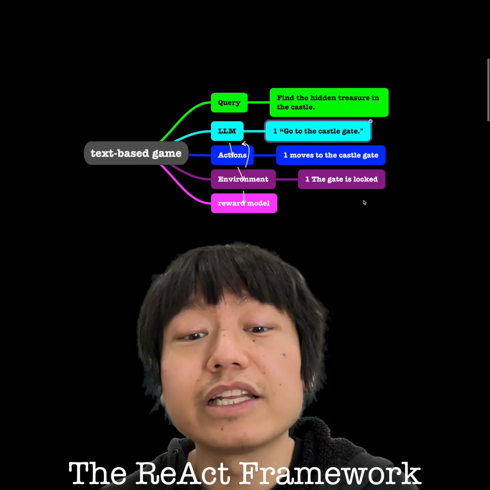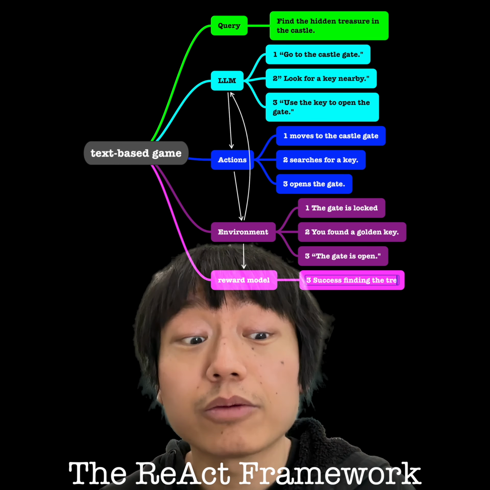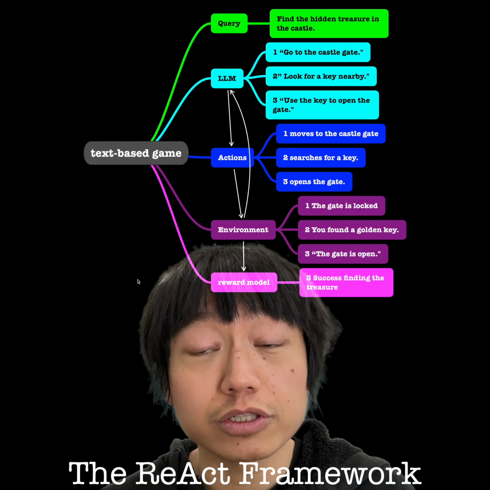The environment observation is you find a golden key, and the LLM output is use this key to open the gate. The action is the agent opens the gate, and the environment observation is the gate is now open. So the reward is success. The agent now proceeds toward finding the treasure.